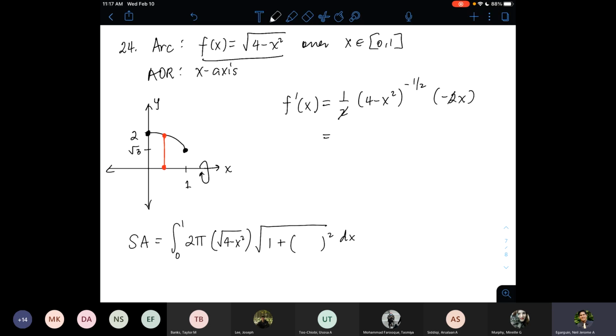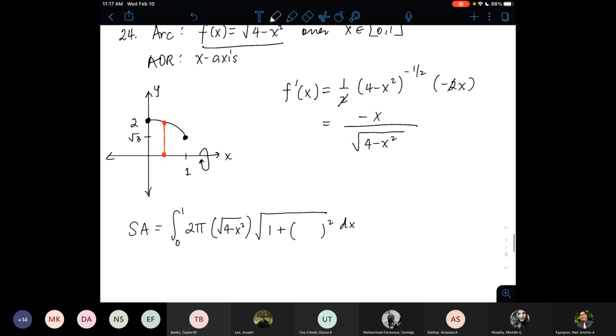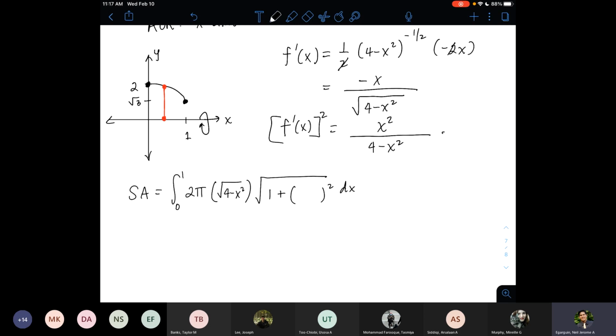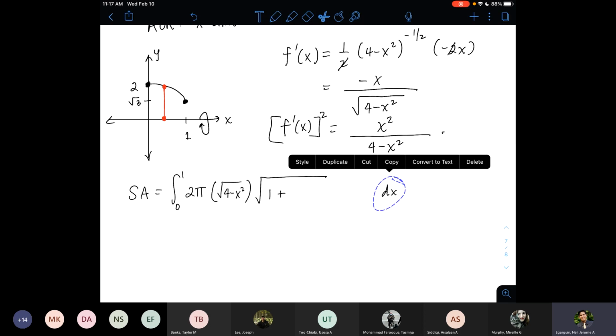The 2's will cancel, so we'll have negative x over root of 4 minus x squared. Then we'll square this, which will just be x squared over 4 minus x squared. Good, and that's what I'll put inside the formula for the arc length in the integrand.